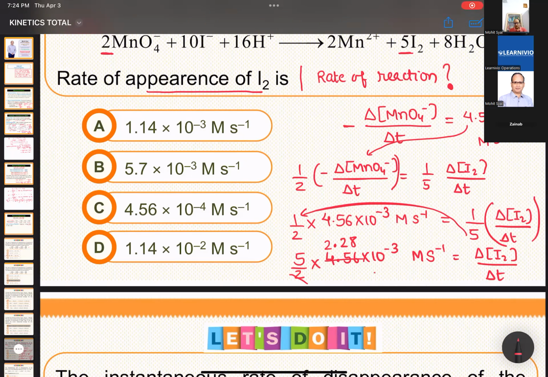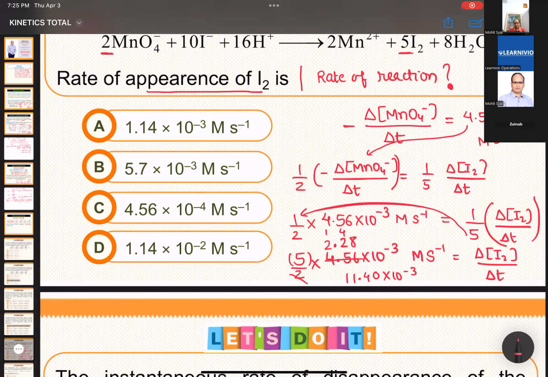Yes, 6 into 5 is 30, 5 into 5 is 25 and 4 into 5 is 20. You need to multiply it by 5, and divide by 2. Okay, into 10 to the power minus 3.